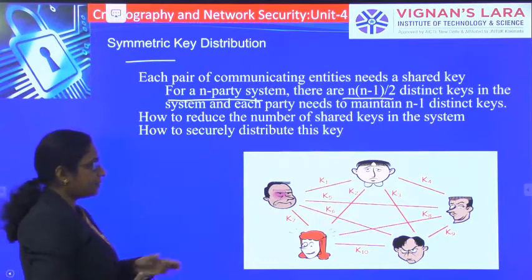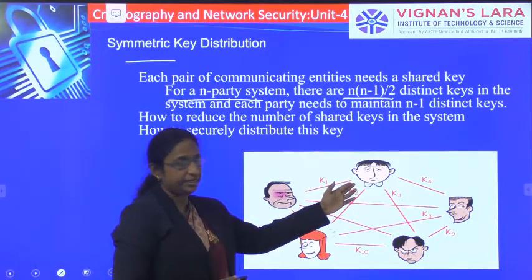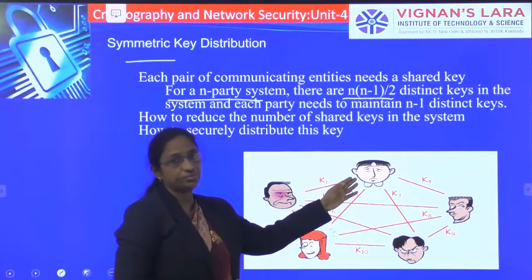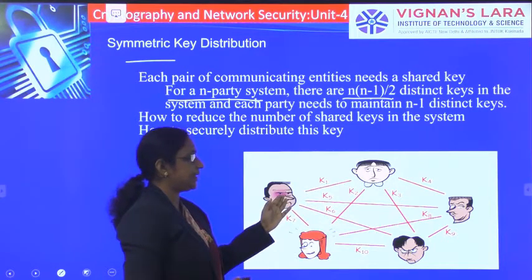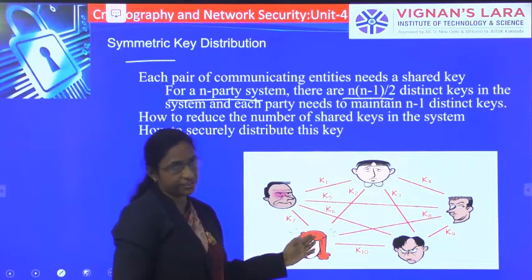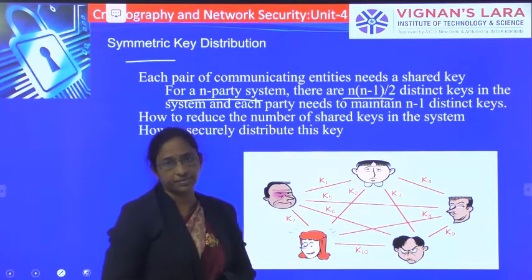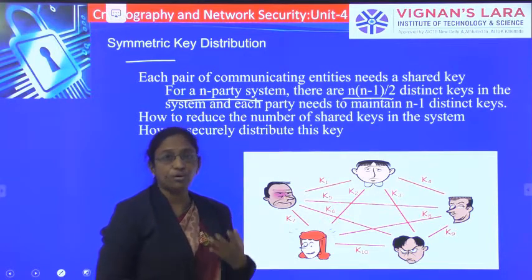So if a particular person is interacting with these 4 persons, this person has to maintain one secret key with each of them. So he has to maintain 4 secret keys.